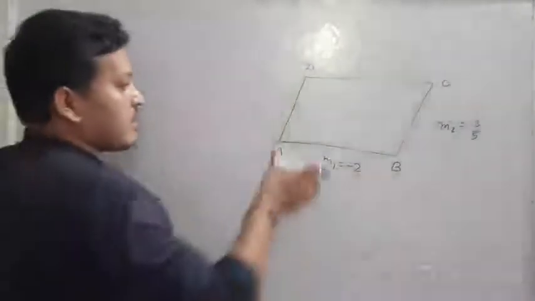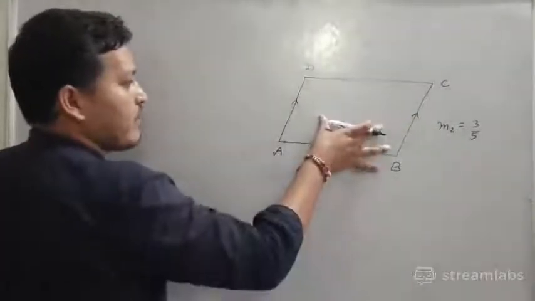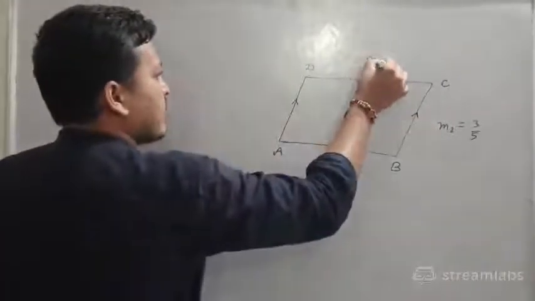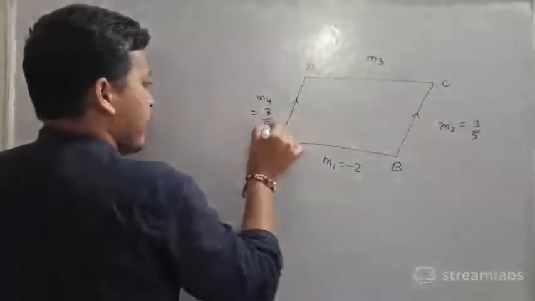Now both these lines are parallel, so their slopes will be equal. Let this slope be M3 and this slope be M4. So M4 is equal to 3 by 5.